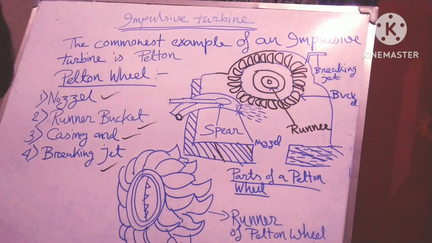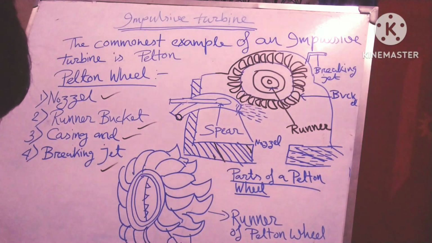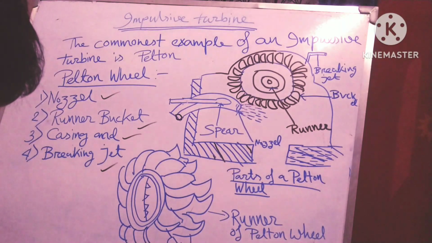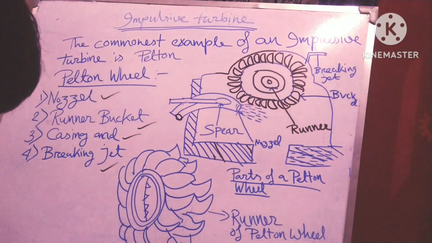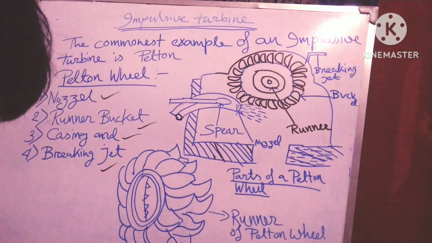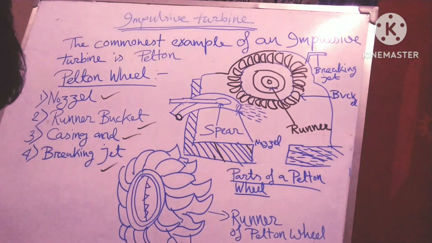So nozzle, what is a nozzle? A nozzle is a circular guide mechanism which guides the water to flow in the designed direction and also regulates the flow of water.